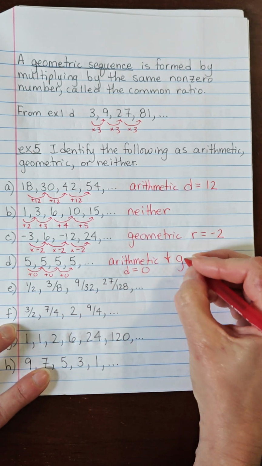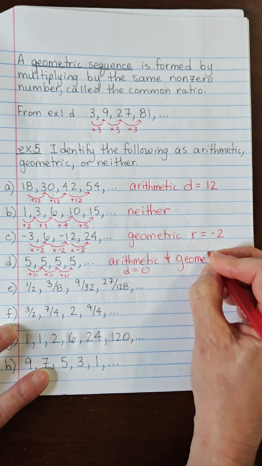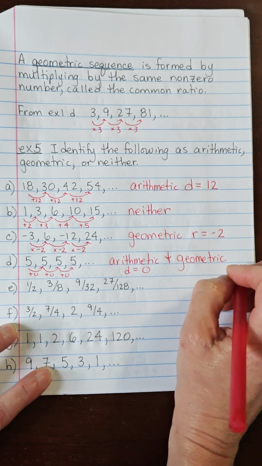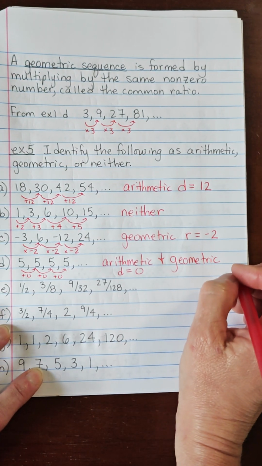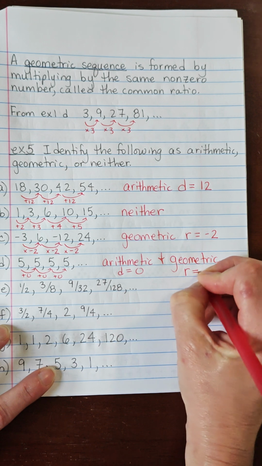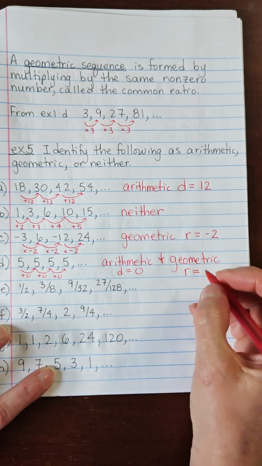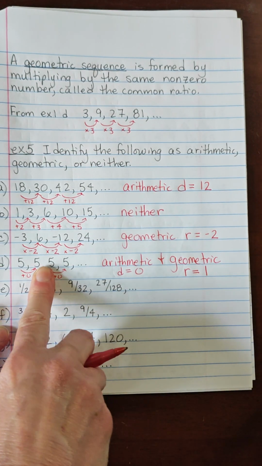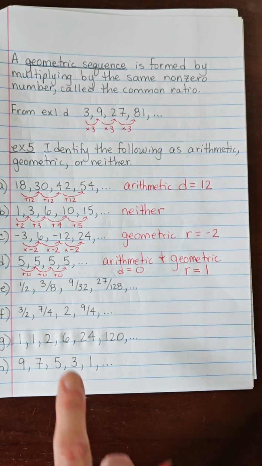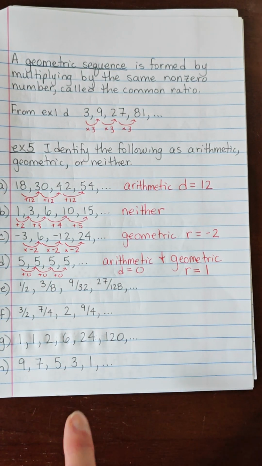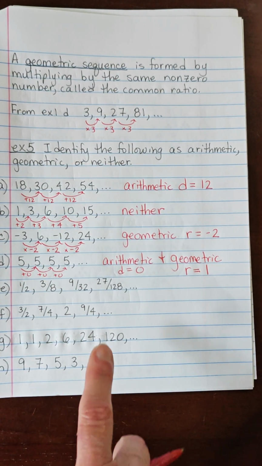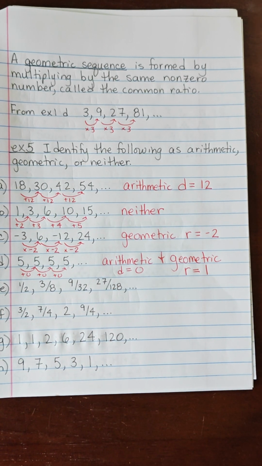So let's put an "and" sign. Because it's also geometric, and my common ratio that I'm multiplying by every time is 1. Constant sequences like that that aren't all zeros are always arithmetic and geometric. So it is possible to be both.